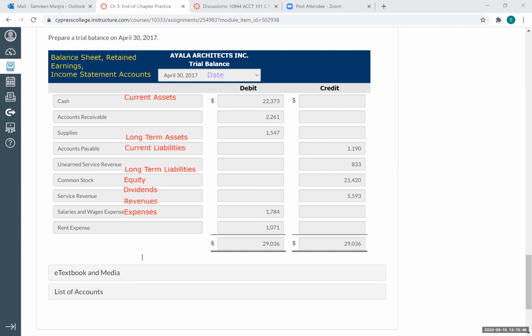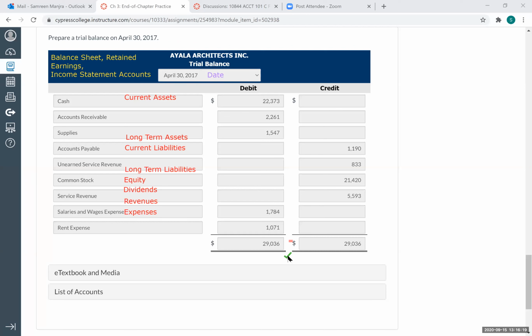And what we are doing here is that we want to have the ending balance from each individual T account in either the debit column or the credit column. So you should have the ending balance on either column, and you would add up the total debits, you would add up the total credits, and you should see that the total amounts of your debits and your credits have to equal out.